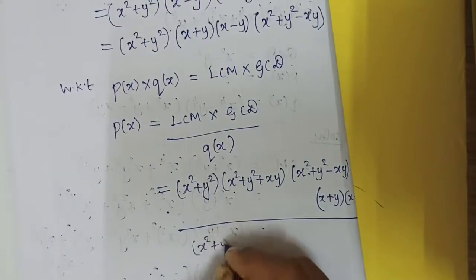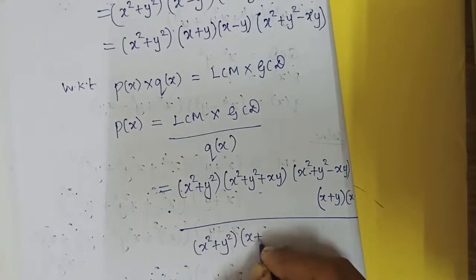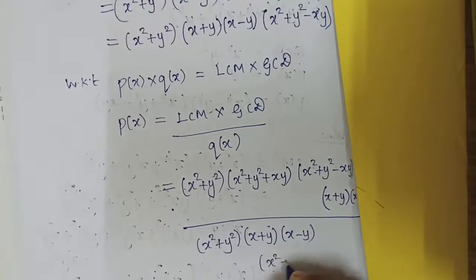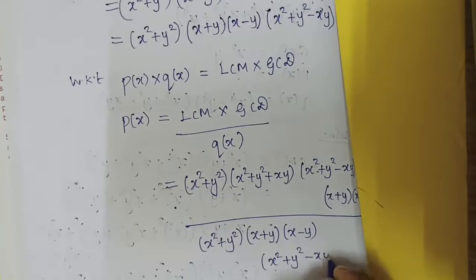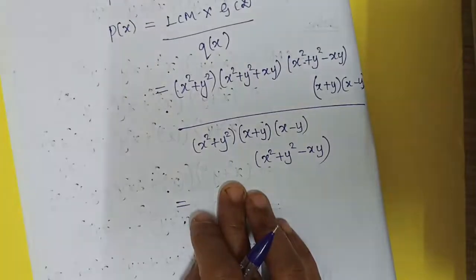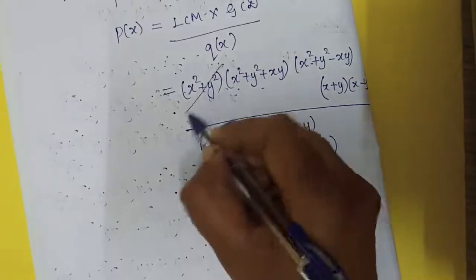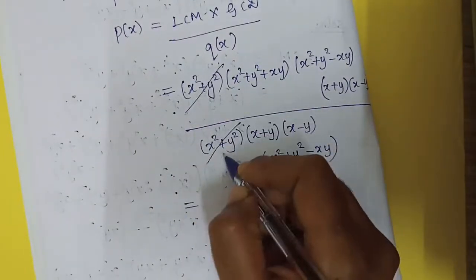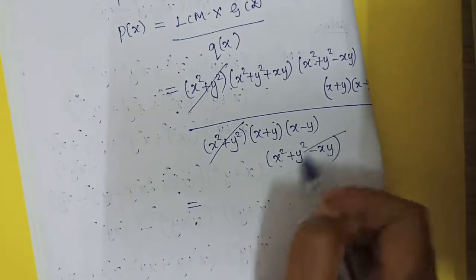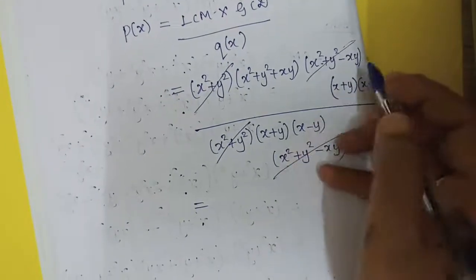So (x² + y²)(x + y)(x − y)(x² + y² − xy). Any possible way to cancel? Tell the values. (x² + y²) gets cancelled. Then (x² + y² − xy) also will cancel.